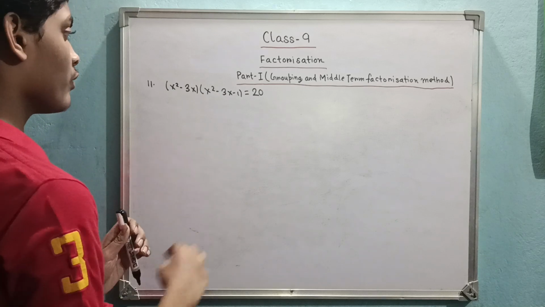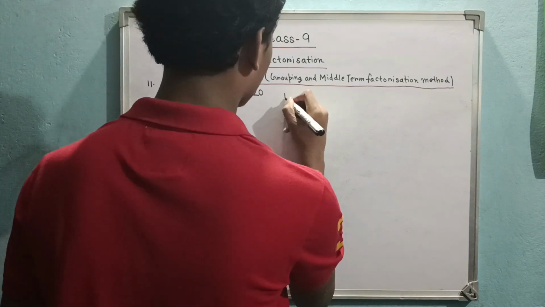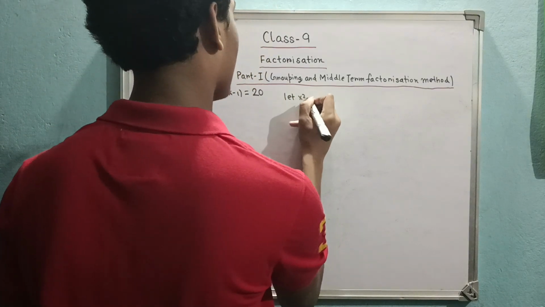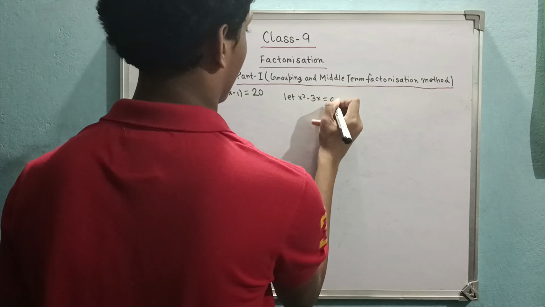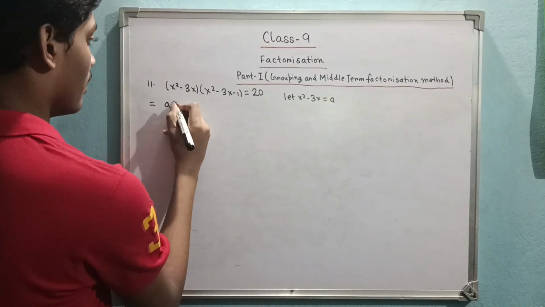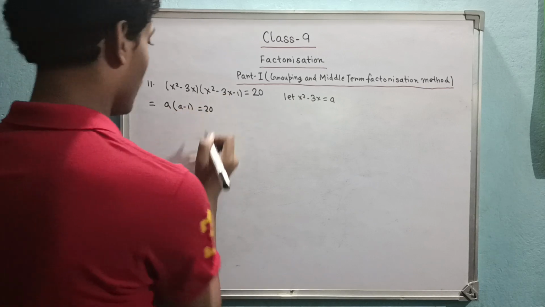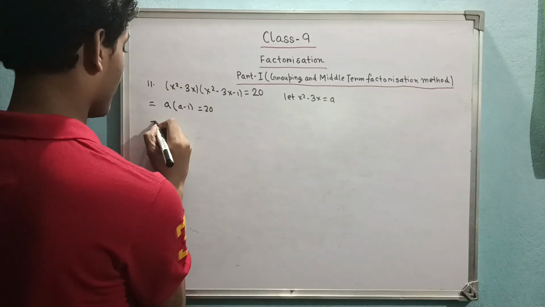But what we can do here is to make this look a little bit more neat and clean. Let x square minus 3x equal to a. Then what will it become? This will become a into a minus 1 equal to 20. Now it's much neat and clean actually.